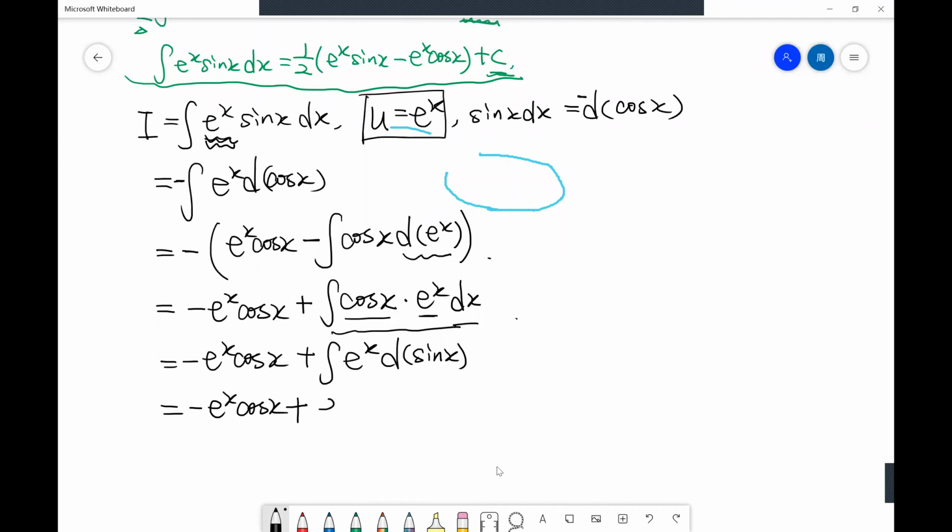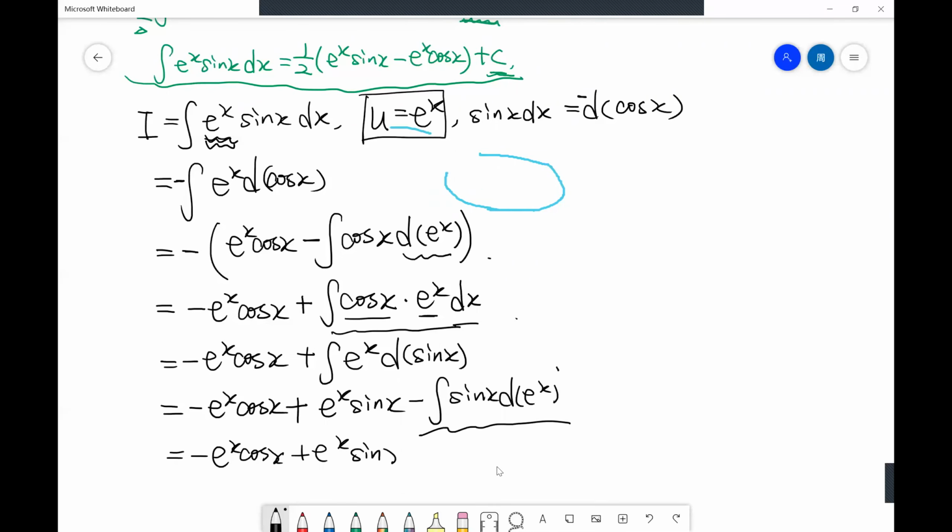So that should be e^x sin x minus, we change the places here, the integral of sin x d(e^x), right? And this part is minus the integral of sin x e^x dx.